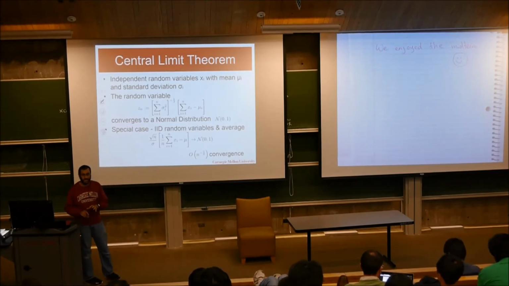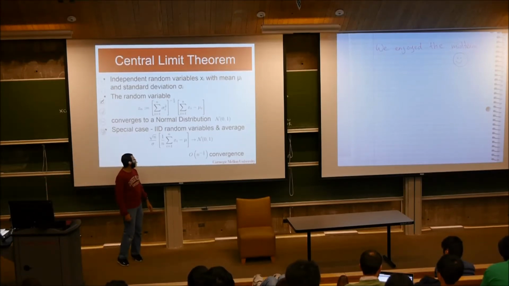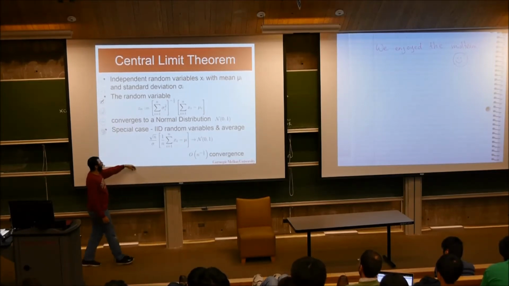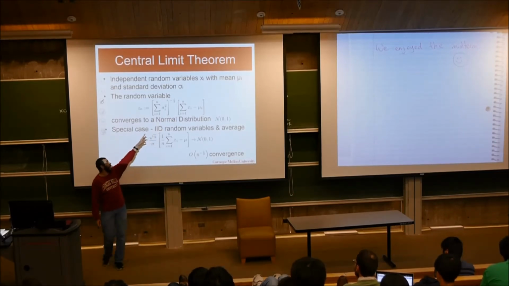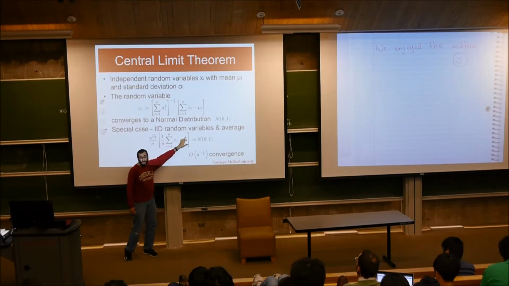The interesting case is when all variables have the same distribution. Then the variances are identical, so this becomes n sigma, this becomes n sigma squared. You multiply by root n and divide, you get this formula.